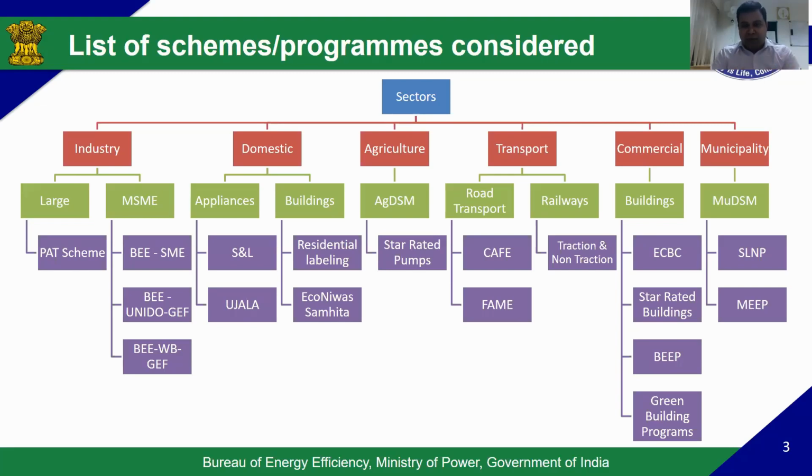I'm not going to go into the details of each of these schemes, but they encapsulate all the schemes currently ongoing in our country to promote energy efficiency, and we are analyzing all of them. Next, please.